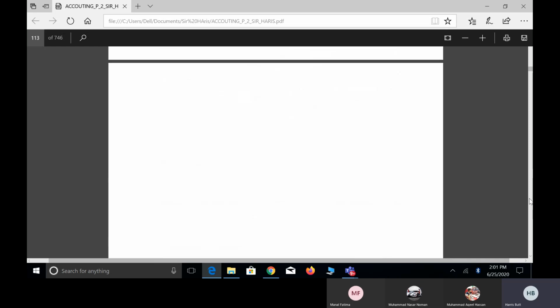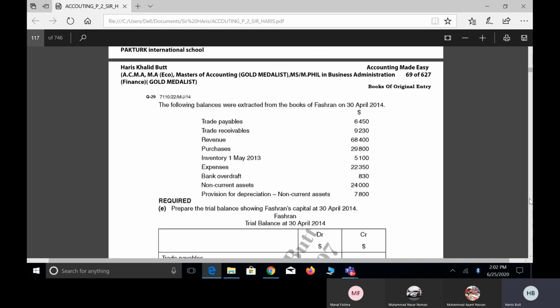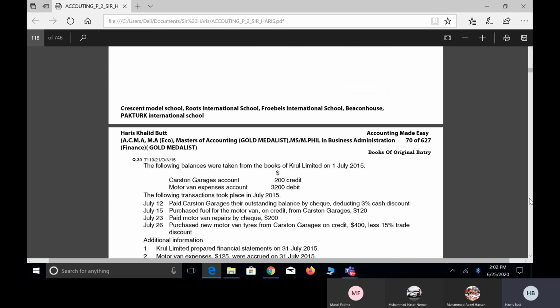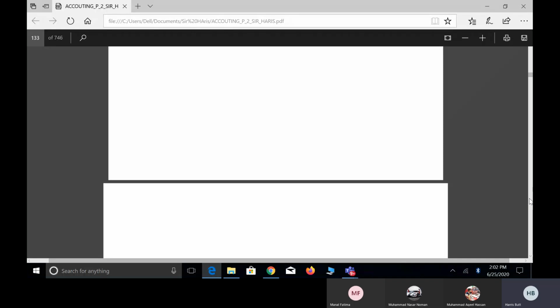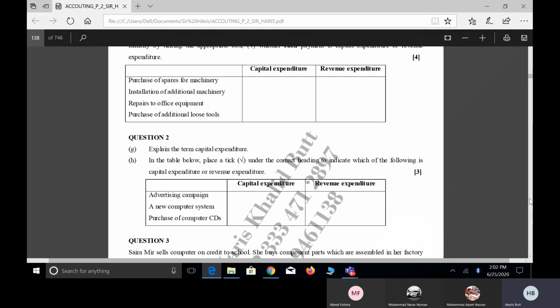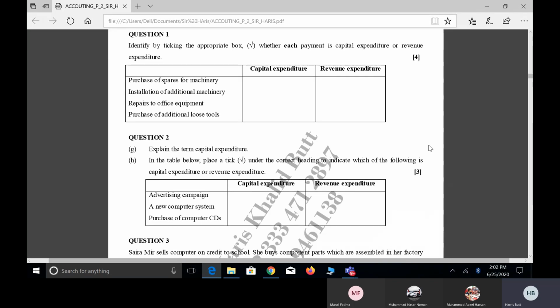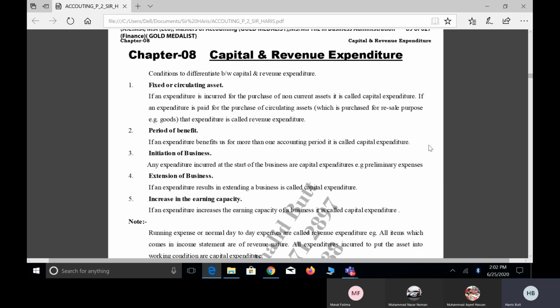The page was, I think, 88. Because I didn't ask you to take a pic for that page, it may become difficult for you. So I want you to take the pic of this over here.